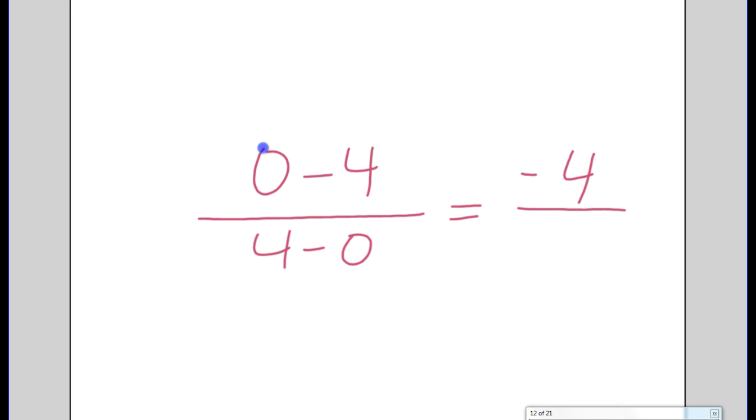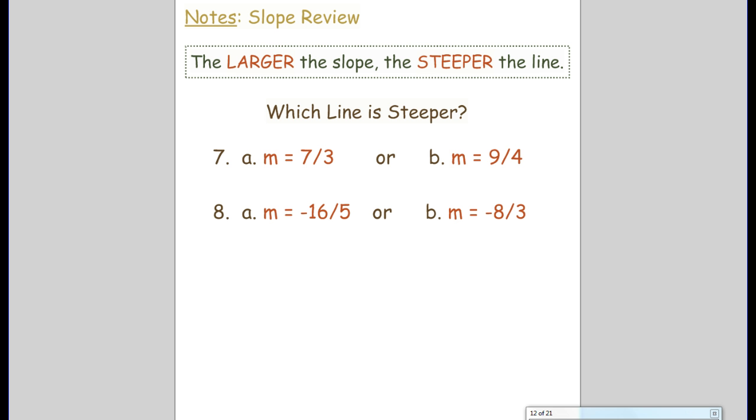What is delta x? You have $4 and you take away nothing. You have $4. What's the answer? Negative 1. The slope on number 6 is -1. Let's move on. I think we've done enough. 4 of those is plenty to do, right?